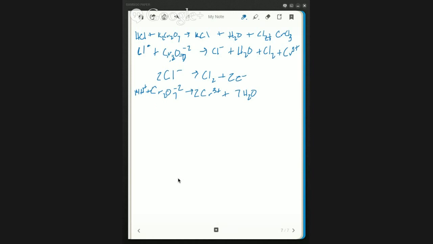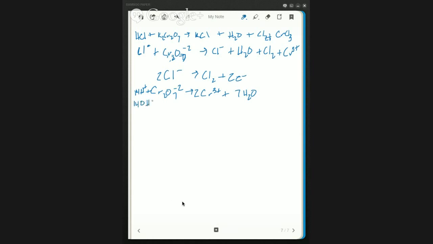Now, in doing this, this again takes care of making sure I'm balanced mass-wise. But since we know that it's in a basic solution, that means we have to have hydroxide on both sides to cancel out the hydrogen ions. So if I have 14 hydrogen ions, that means I also have to have 14 hydroxides.